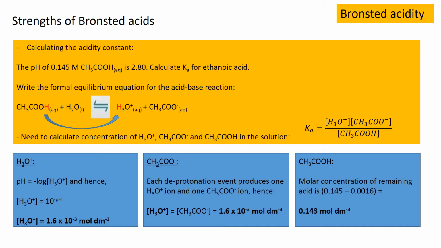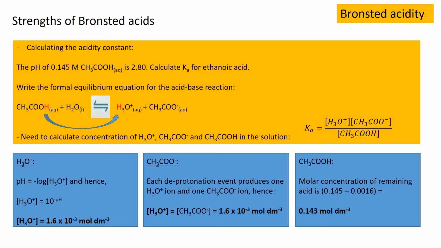Now, it's quite easy to calculate the acidity constant for an acid. So let's have a look at the example here. The pH of a solution of 0.145 molar ethanoic acid here is 2.8. And we're asked to calculate the acidity constant for ethanoic acid.